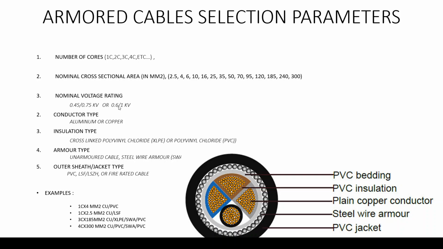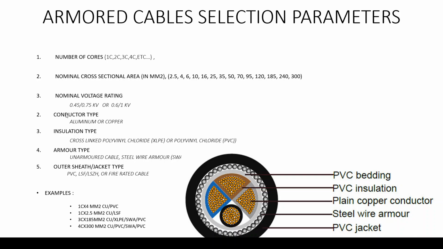Or 0.6/1 kV, which is for heavy duty cables that can withstand the high current capability required for feeding main feeders, DBs, mechanical equipment, etc. Usually you would specify 0.6/1 kV for all cables. Both these annotations are for low voltage cables only.